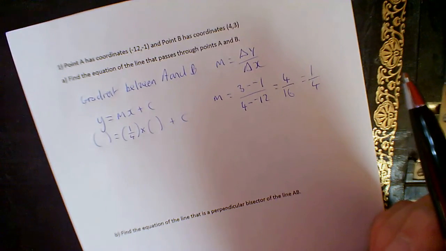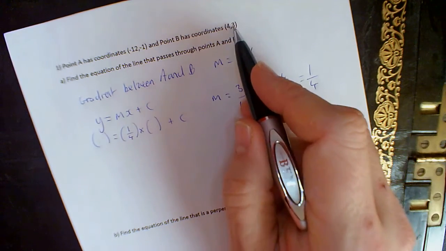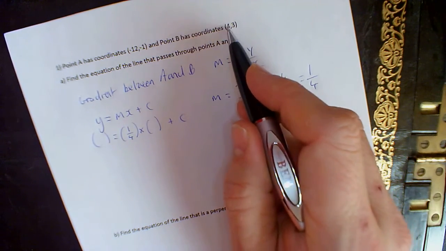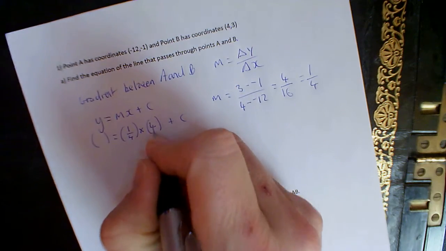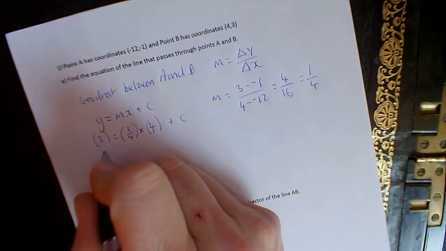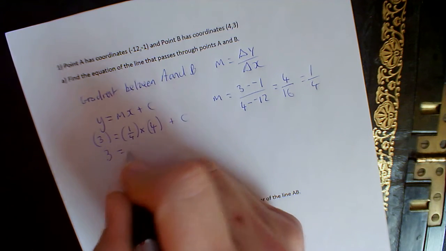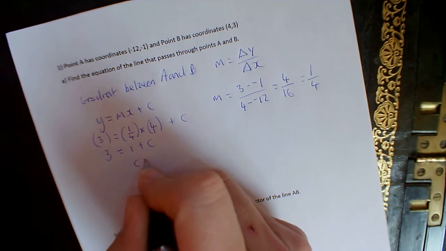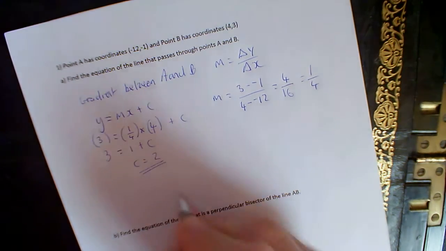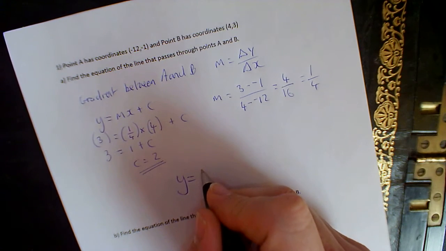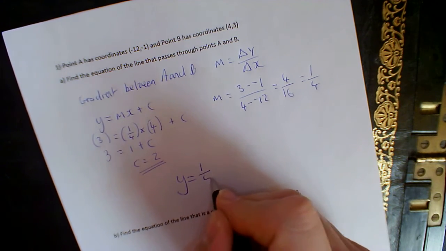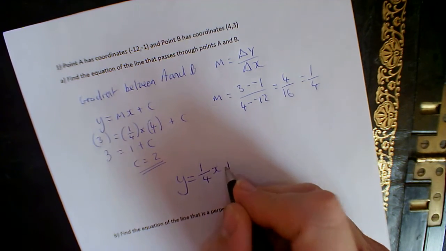I'm going to choose the one with positives. So y is 3 and x is 4. So when x is 4, y is 3. So 3 equals a quarter times 4. A quarter of 4 is 1, plus c. c is 2. So my equation is y equals a quarter x plus 2.